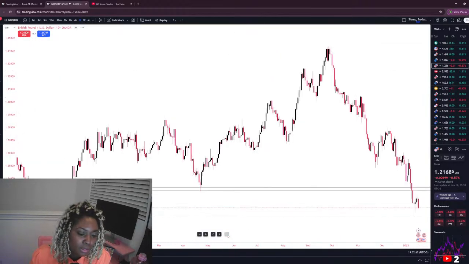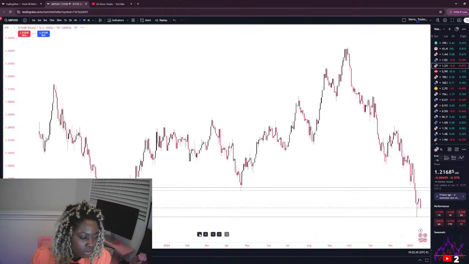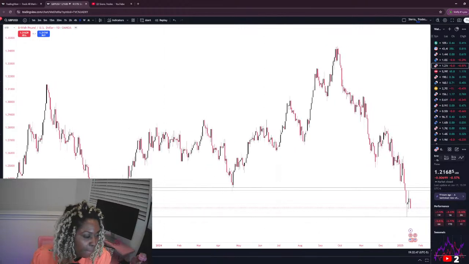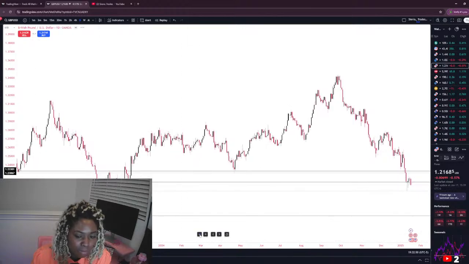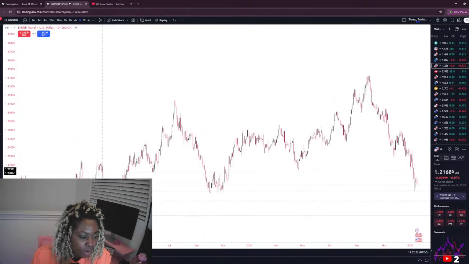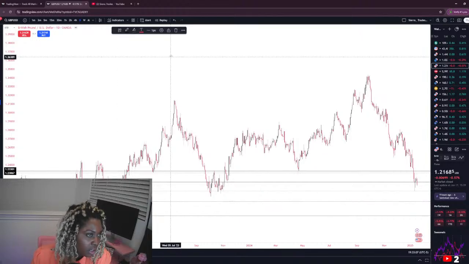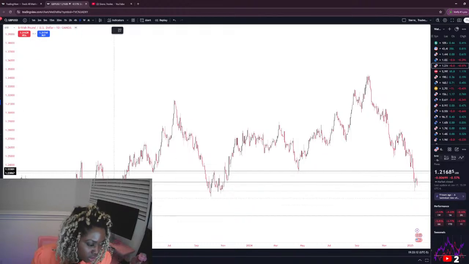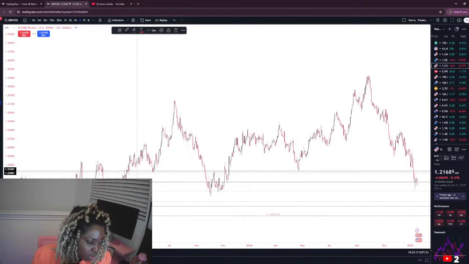All right. Now, let's see. Okay, there we go. There's a gap in this range. All right, so there's a gap, and an inversion candle right here. So I'm going to do 50% of the inversion.